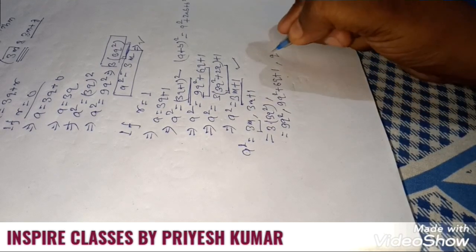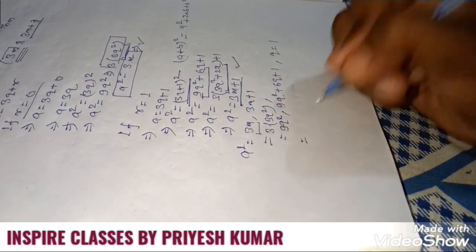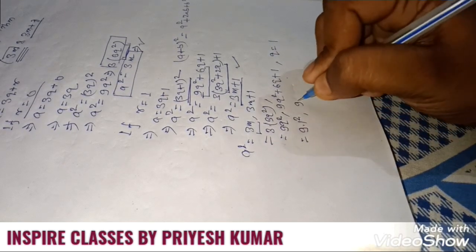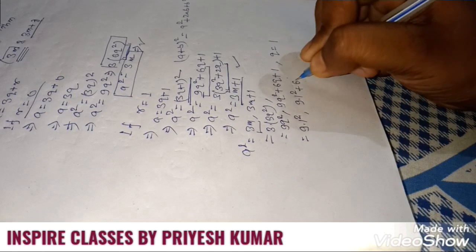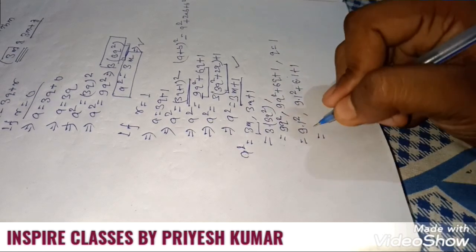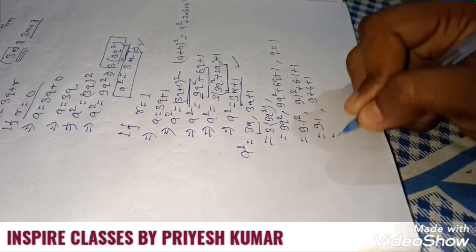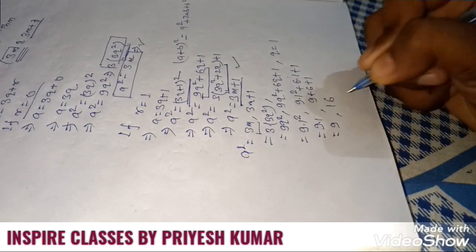If you put the value of q is equal to 1, these two expressions will be 9 into 1 square, comma, 9 into 1 square plus 6 into 1 plus 1. This will be 9 into 1, and this will be 9 plus 6 plus 1. This will be 9 and this will be 16.